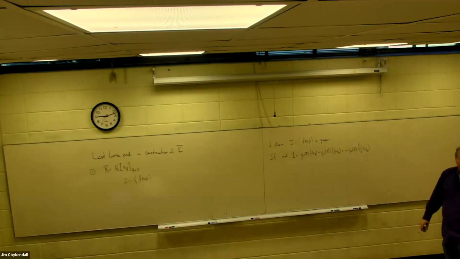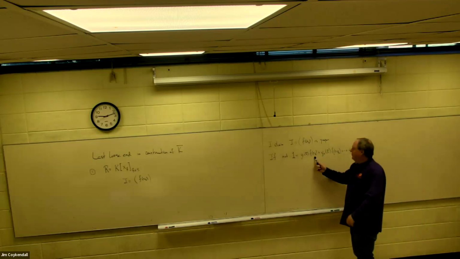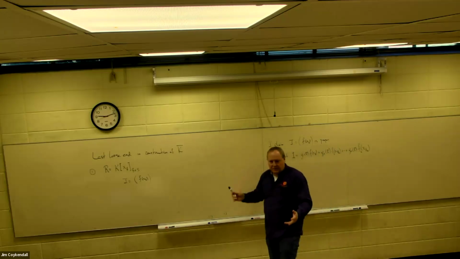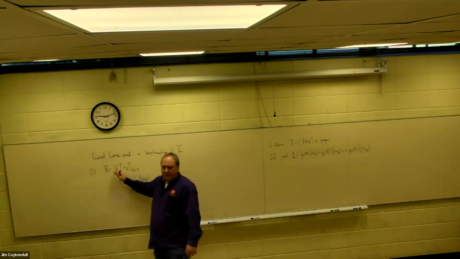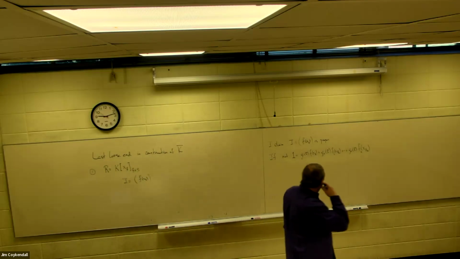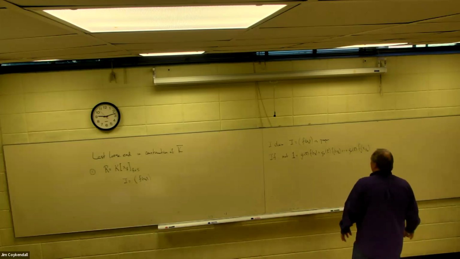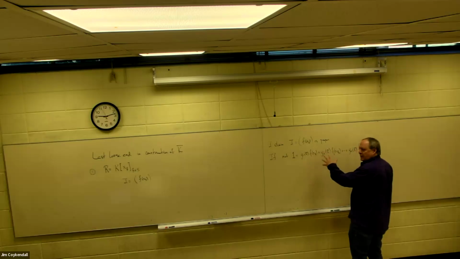If not, then I can write one as little, and let me tell you what I mean by this notation. These are specifically generators of the ideal, and the G's are just elements of the ring, just anything you want. Now, here's what I would like to do. I want to get 0 equals 1 to get a contradiction.